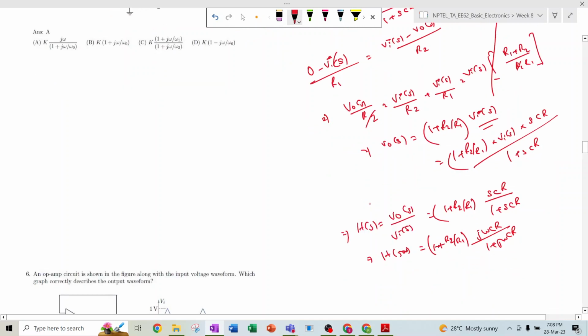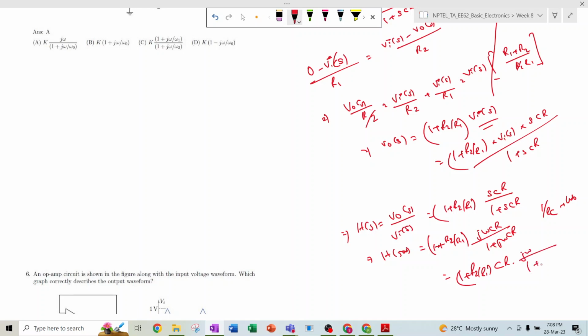Now you know that 1 divided by RC is omega naught, so you can say K into j omega divided by 1 plus j omega by omega naught.